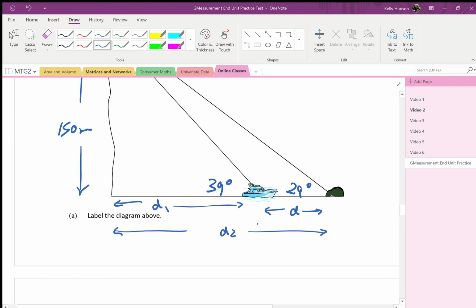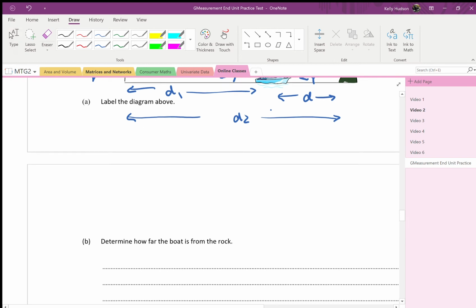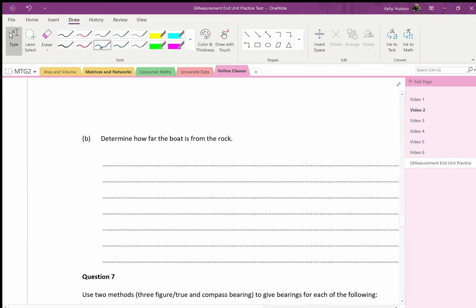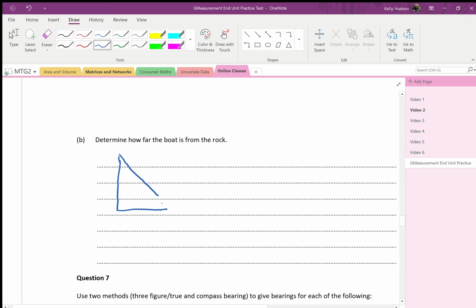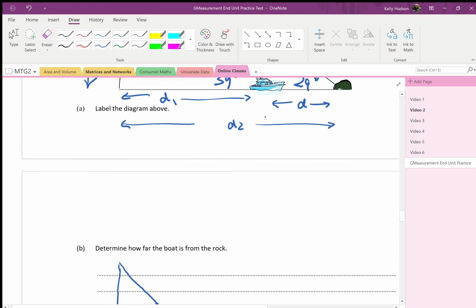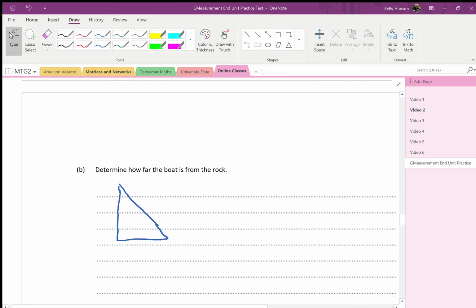So let's first of all find out how far the boat is away from the bottom of the wall. So here's my triangle. Looks like this. So this is going to be D1.